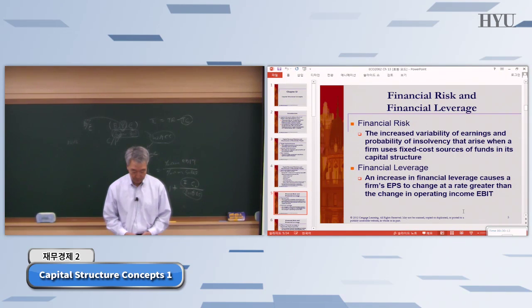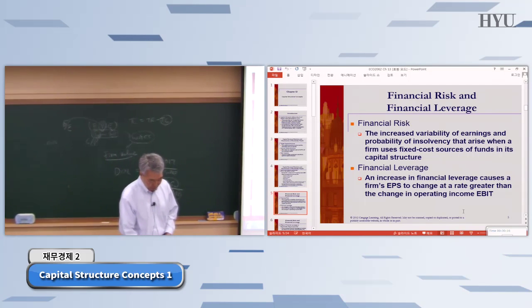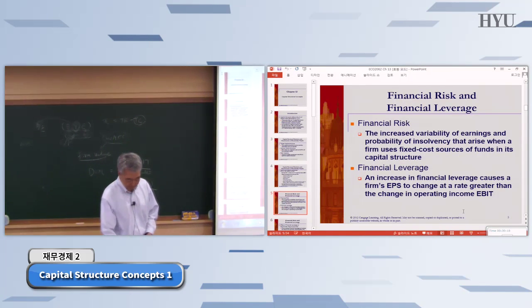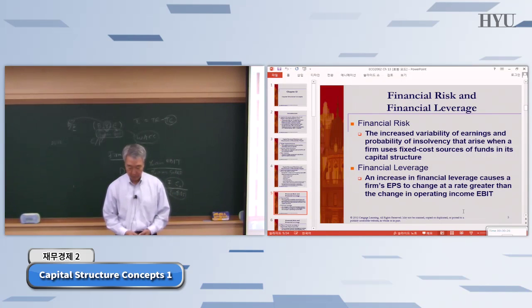An increase in financial leverage causes EPS, earnings per share, to change. And the thing is, EPS will change at a rate which is greater than the change in operating income.